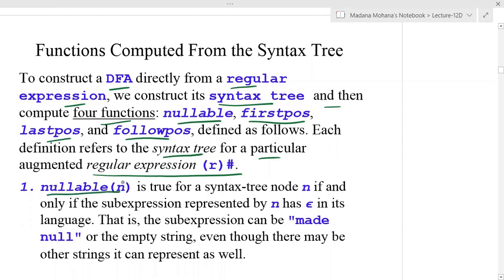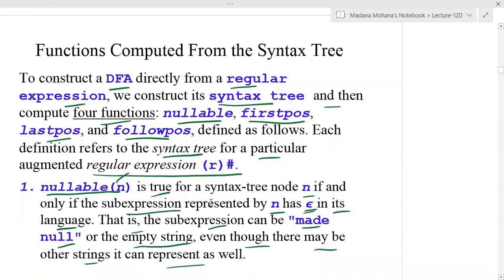First one, nullable of a node n. The value of nullable is either true or false. When will this be true? For a syntax tree node n, it is true if and only if the subexpression represented by n includes the empty string, that is epsilon or null, in its language. That is, the subexpression can be made the empty string, even though there may be other strings it can represent as well.